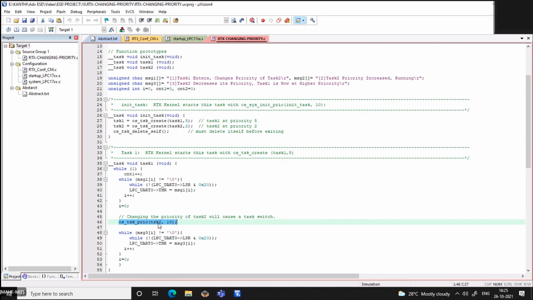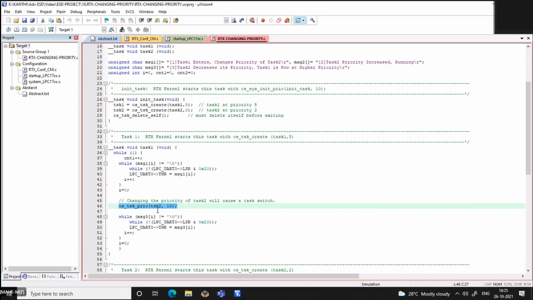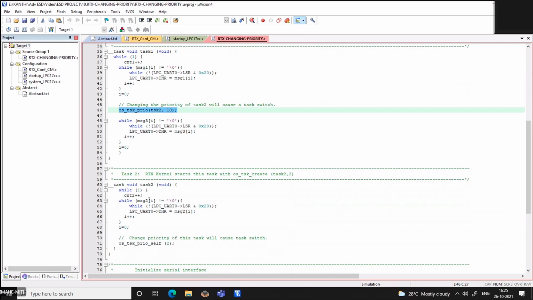So as soon as I give this statement, since task 2 is provided with a higher priority than task 1, there is a task switching. It goes to task 2. From here, straight away, there is a context switching, and task 2 starts executing.